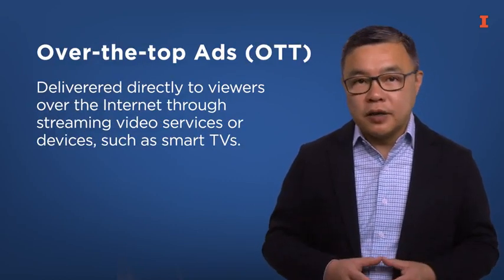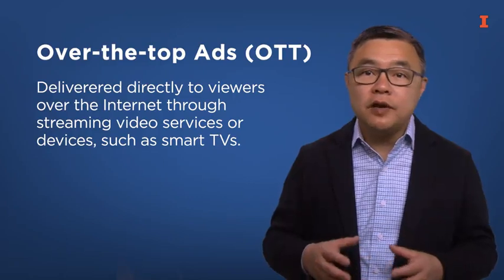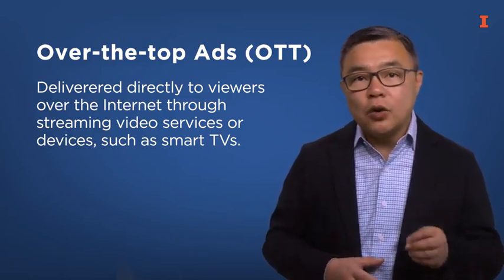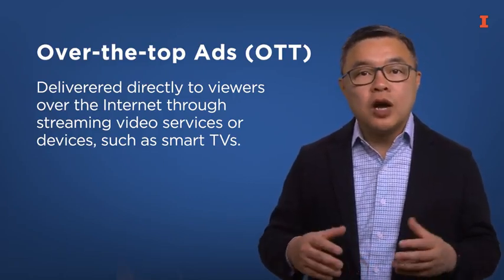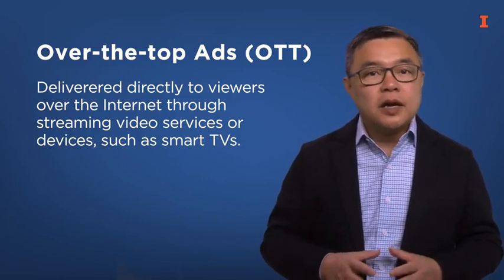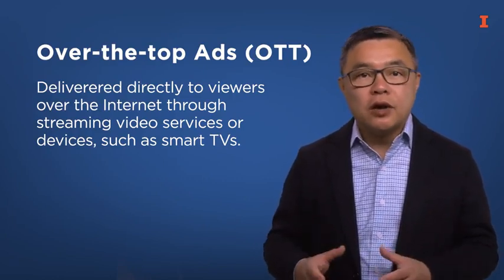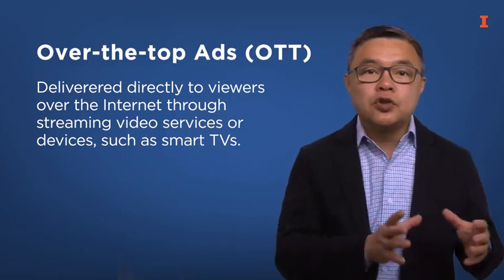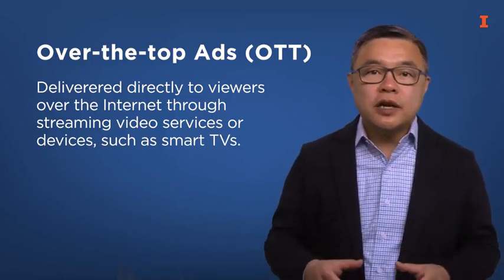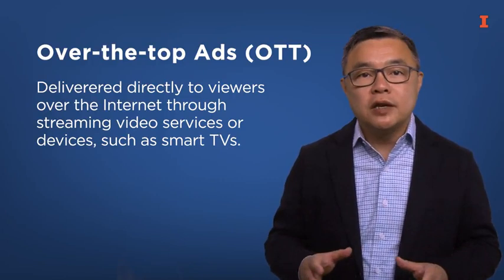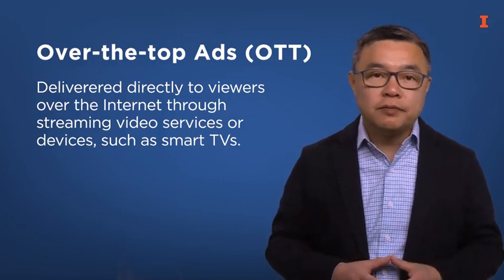A more recent development in streaming video and TV advertising is OTT, over-the-top advertising. As more consumers migrate from traditional television to streaming television, advertisers must find new ways to reach millions of TV viewers.